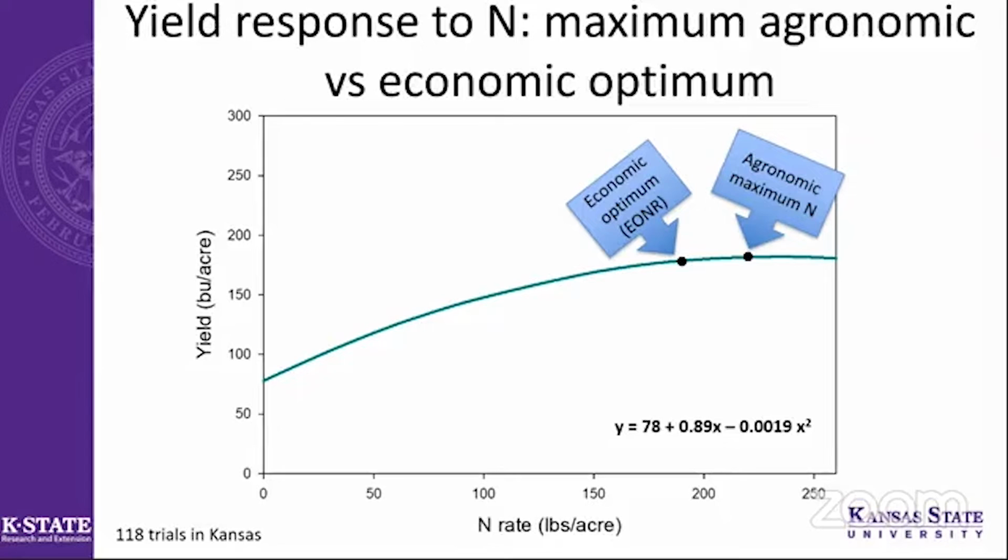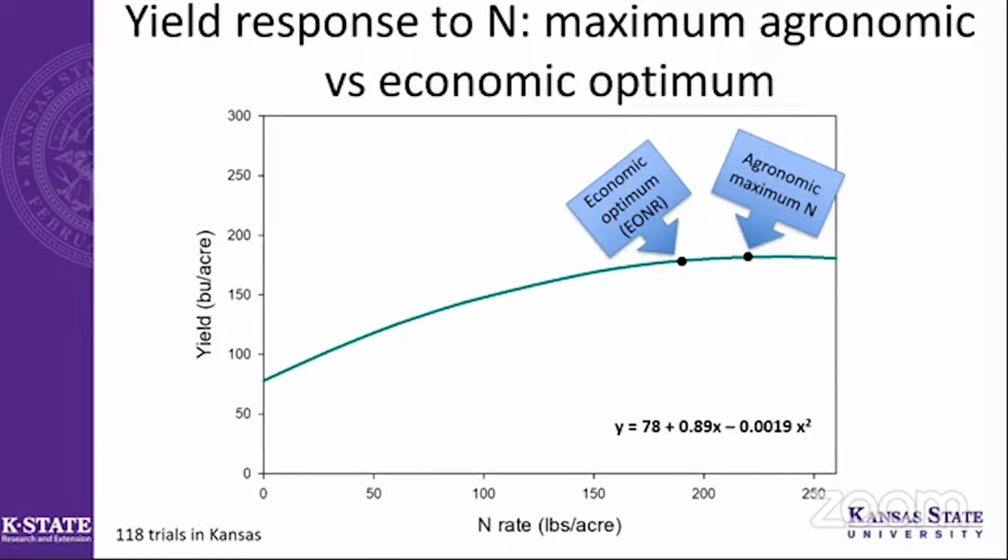Okay, how much lower basically depends on how expensive the nitrogen is. If nitrogen is cheap, we usually put it close to this point. If nitrogen is expensive, we start to go down in that economic optimum. So just keep that in mind, because the question I often get now is how much can I cut back on nitrogen?